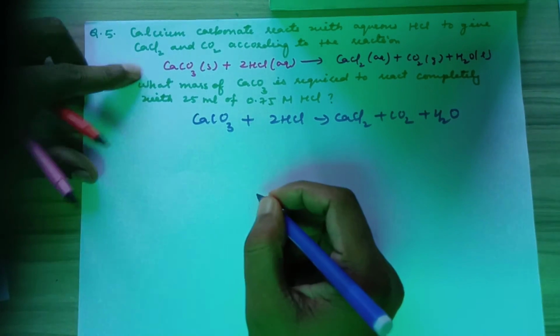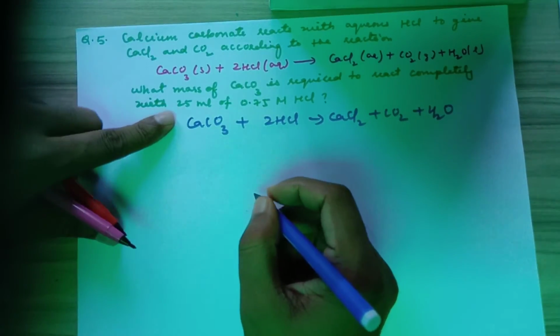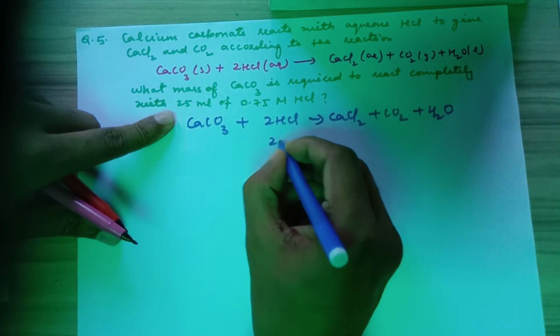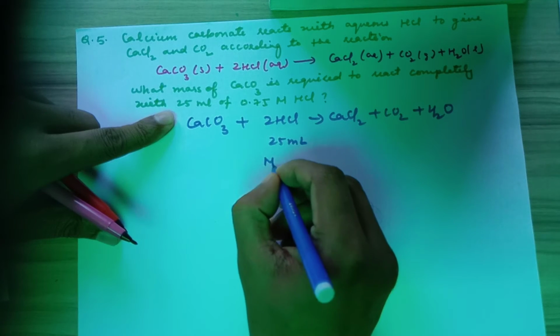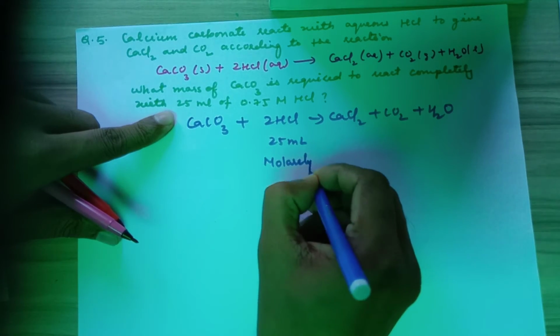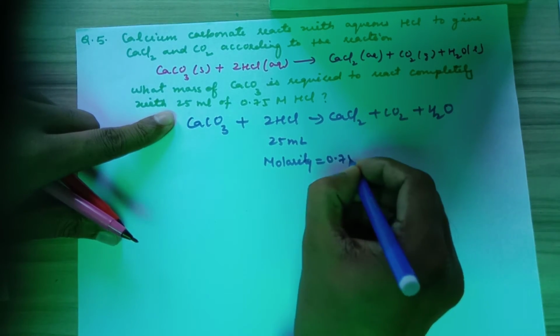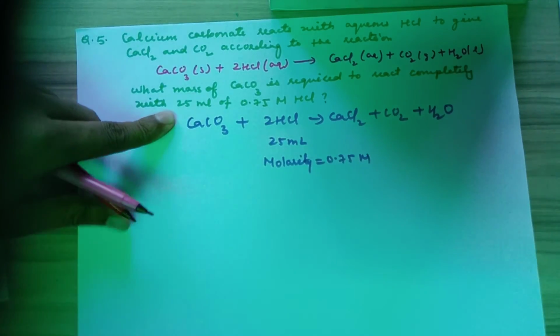Over here it is given that 25 ml of HCl is taken, and its molarity is given as 0.75 M.